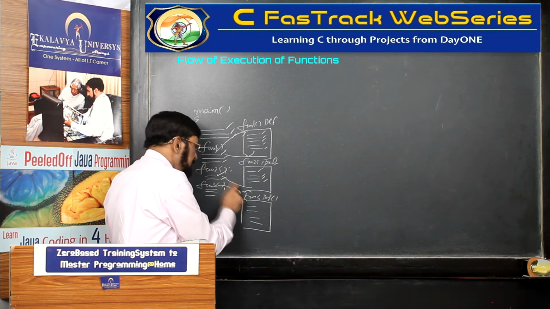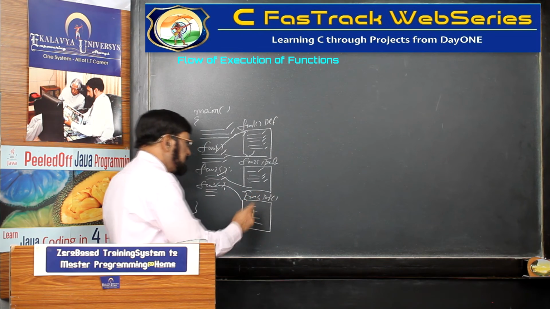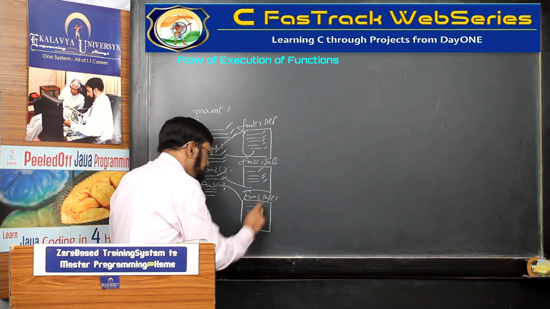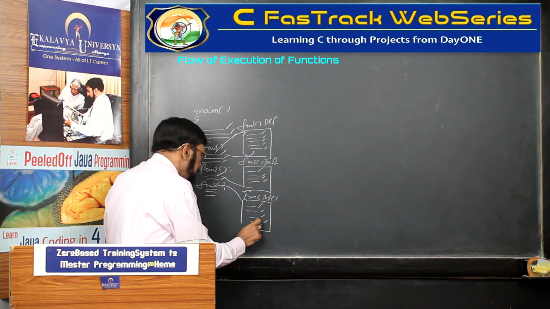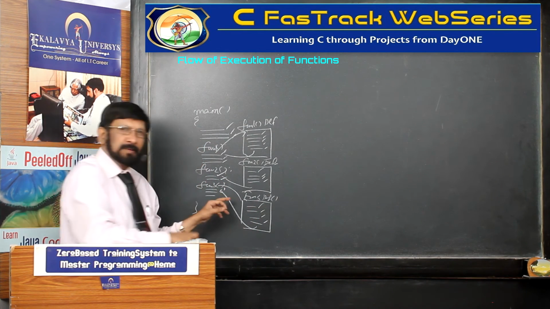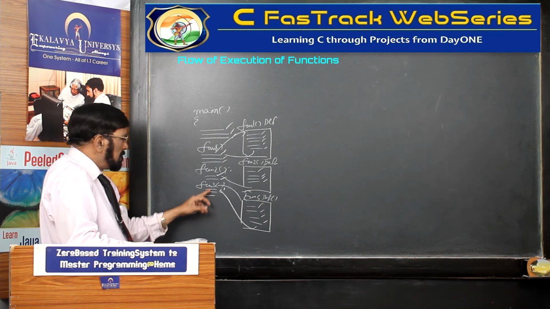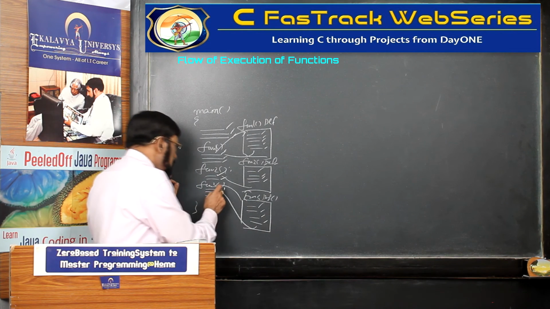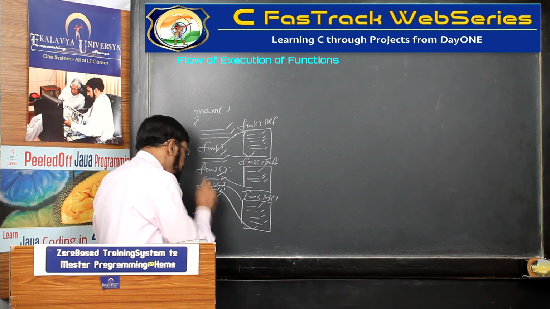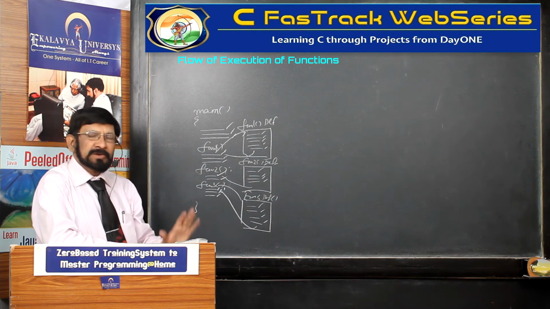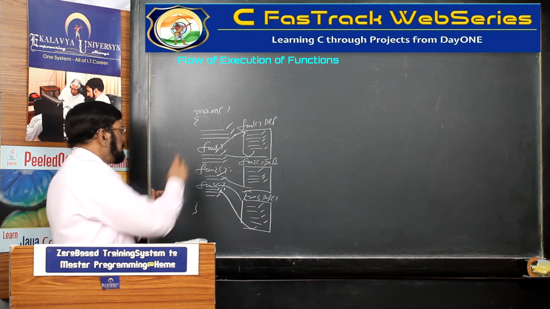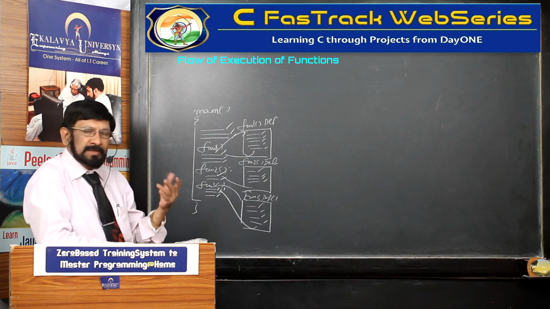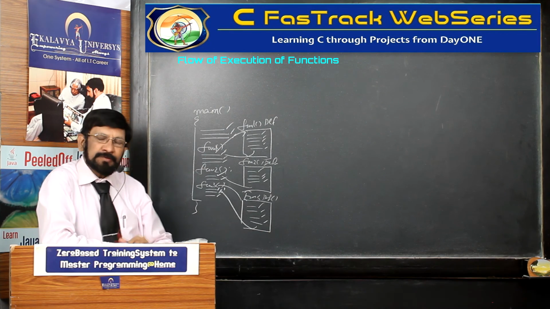Then immediately it jumps into the function 3 definition, statements 1, 2, 3, 4. Then again it comes back and goes to the remaining statements 1, 2, 3. Then all the statements are executed in the main function, and as a result of that, the main task is performed.